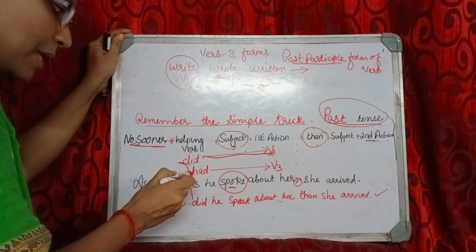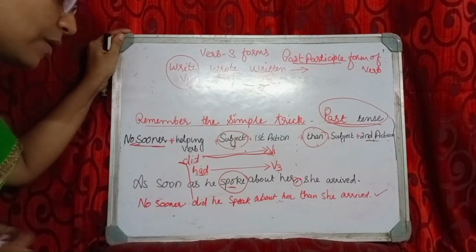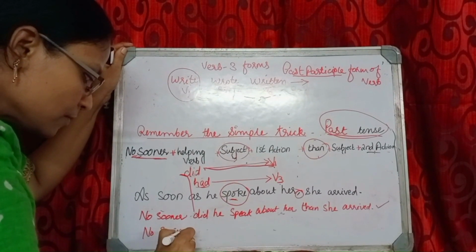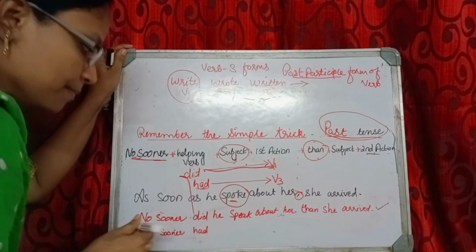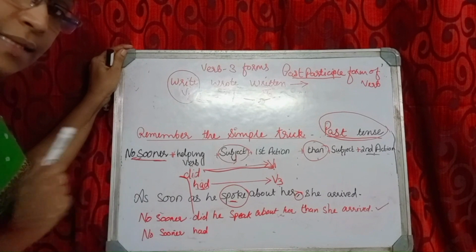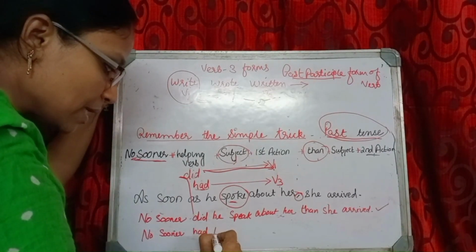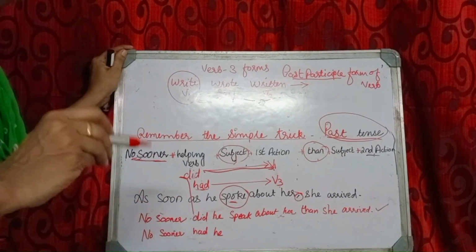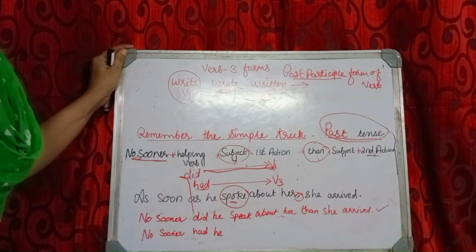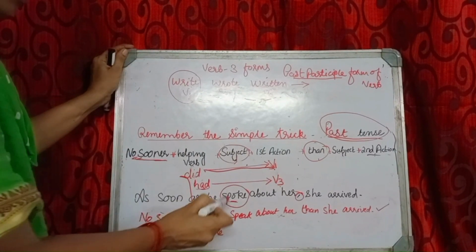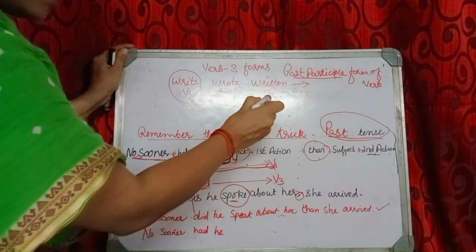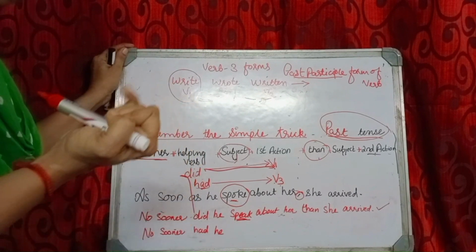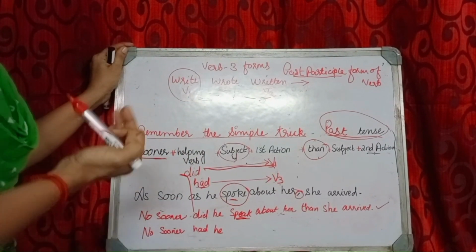Now let's apply "had" and the third form of the verb. "No sooner had", I have taken "had" as a helping verb. The subject I am writing is "he". As I told you, if we are writing "had" as the helping verb, the third form of the verb is used. "Had" means V3. And for "speak", the first form is "speak", the second form is "spoke", and the third form is "spoken".